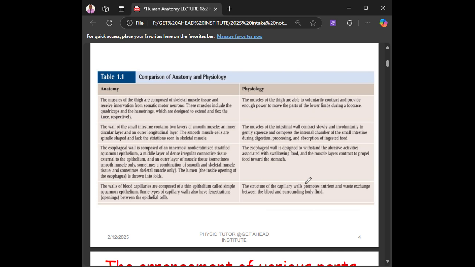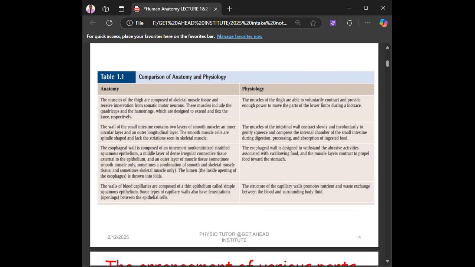So as one of the objectives in this lecture, you should be able to differentiate between physiology and anatomy. Physiology gets you in depth of how that particular structure functions, what mechanisms are involved in carrying out the functions of that structure, because anatomy only studies the structure.